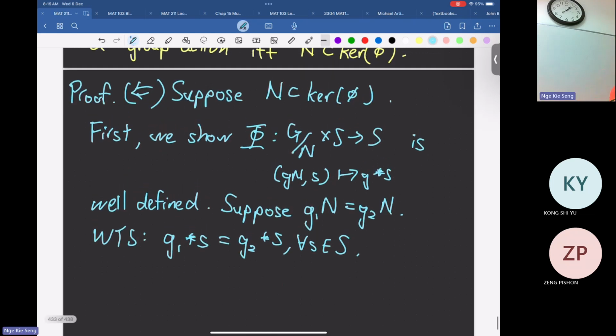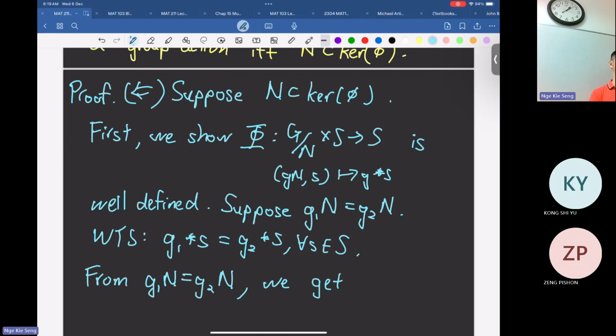Okay, so we want to show that G1x equals G2x. We know that the two cosets are the same. Right. What can we deduce from here if we know the two cosets are the same? Remember the TFAE segment?